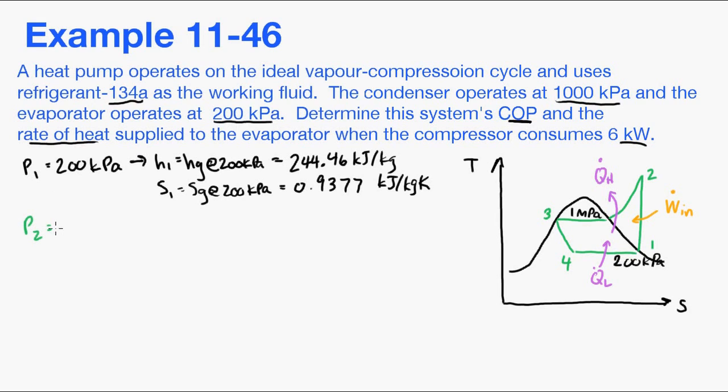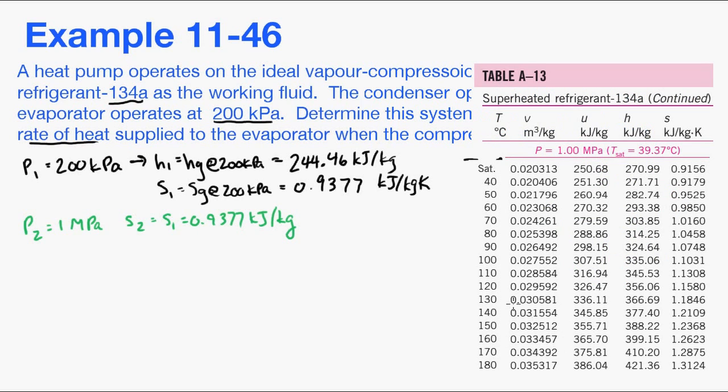From 1 to 2 is ideal, so we're considering it a constant entropy process. So we know what our entropy is from looking it up before, and we know what the pressure of state 2 is. So we'll go to table A-13, which is the superheated refrigerant table. And here we have to interpolate. So we know it's between 40 and 50 degrees.